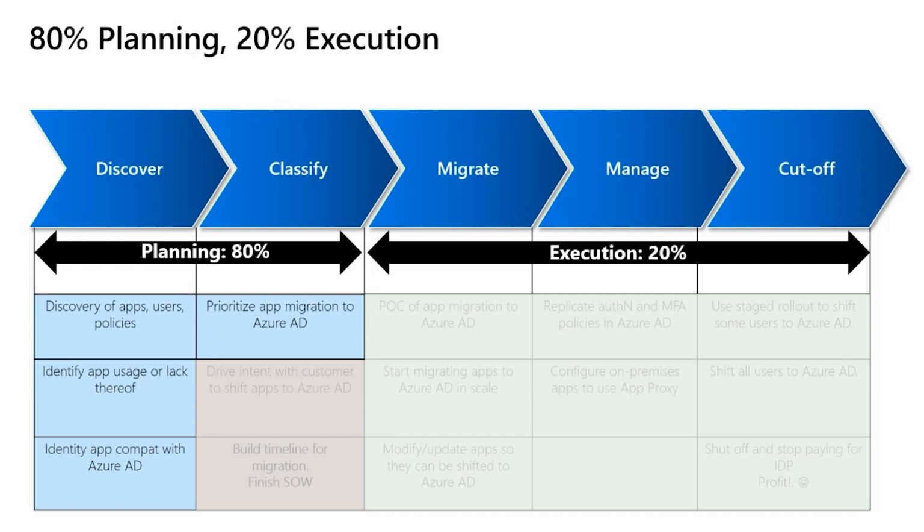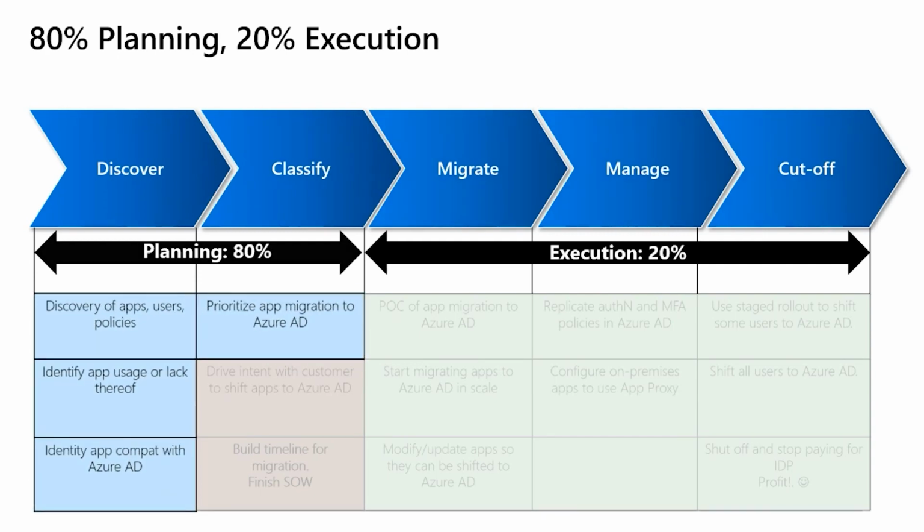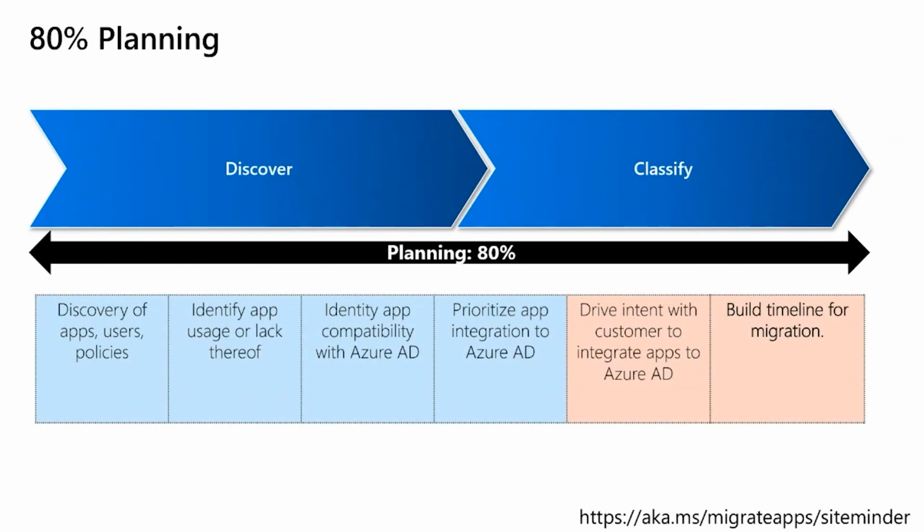And that's where we have those tools. For example, I was showing the decision chart, which can help you identify which technology should I use, or should I look into any of the partner solutions. So if you look at that planning phase, one of the key pieces that we have available is a white paper, which will talk you through all the things that we've seen with customers migrating those web access management applications, which is available at aka.ms/migrate-apps/SiteMinder.